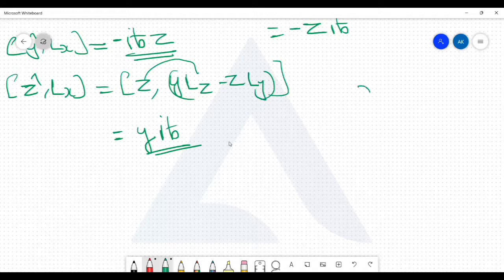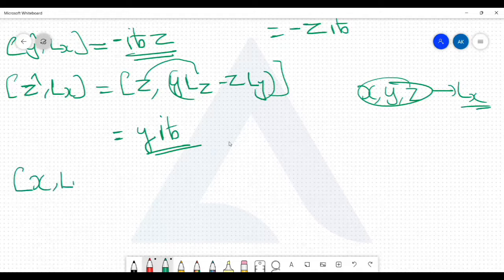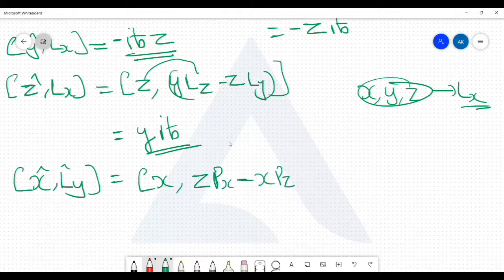Now you have to consider x, y, z with L_y. So x with L_y: what is L_y? z p_x minus x p_z.